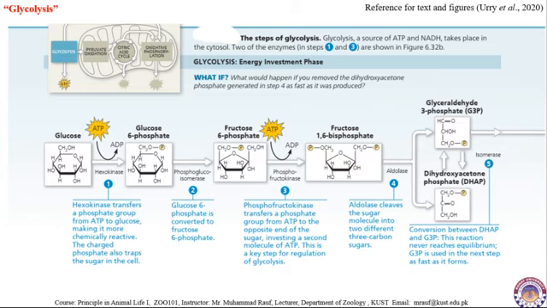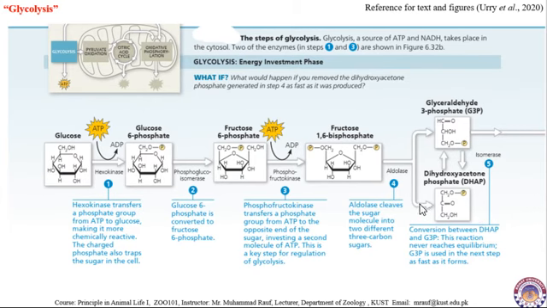Now the fourth step is catalyzed by the enzyme aldolase, and this enzyme converts the fructose 1,6-bisphosphate into 2 molecules.